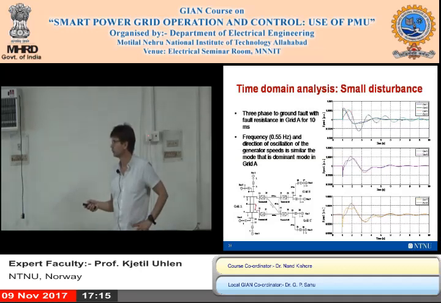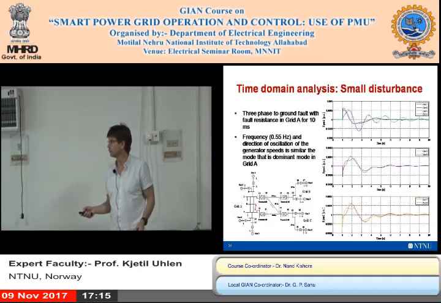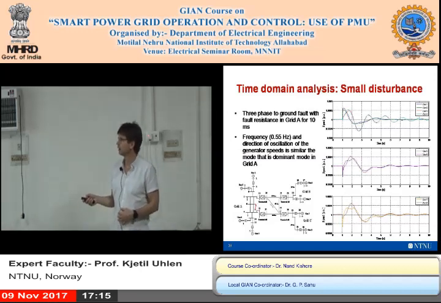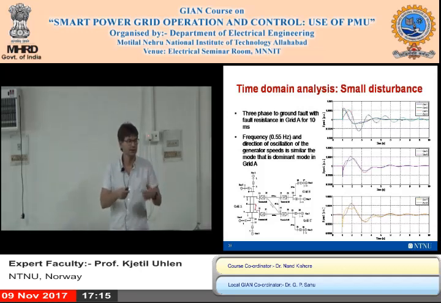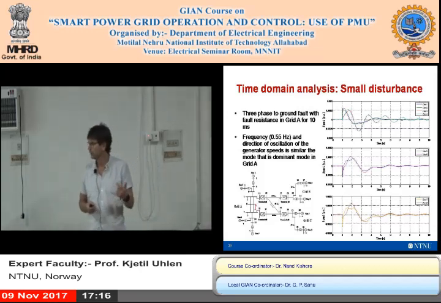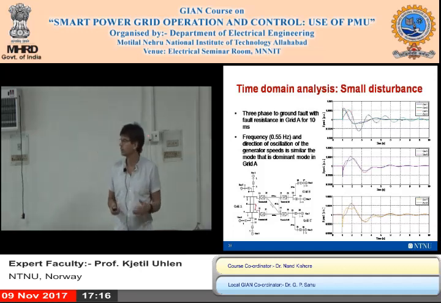But what you get is that it excites the dominant mode in that area. So the interaction for larger disturbances is more that you excite the natural mode in that area, not the same mode.